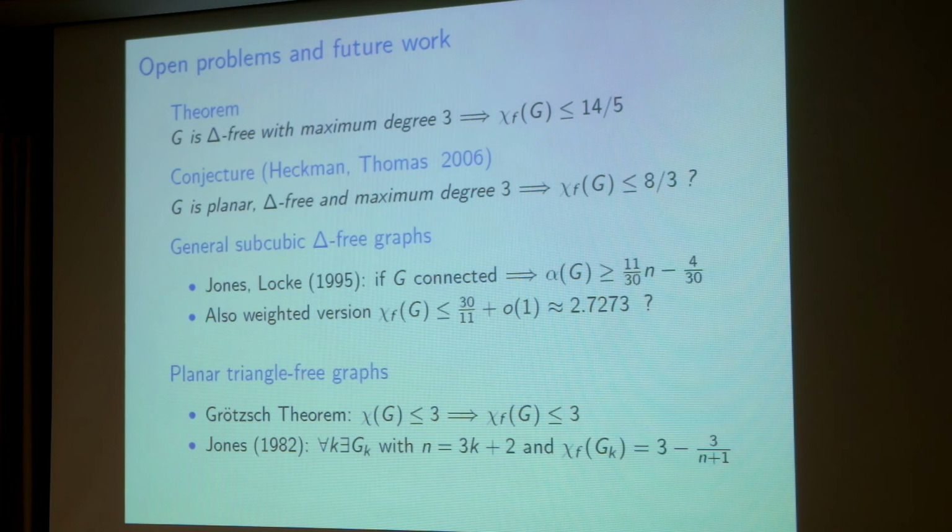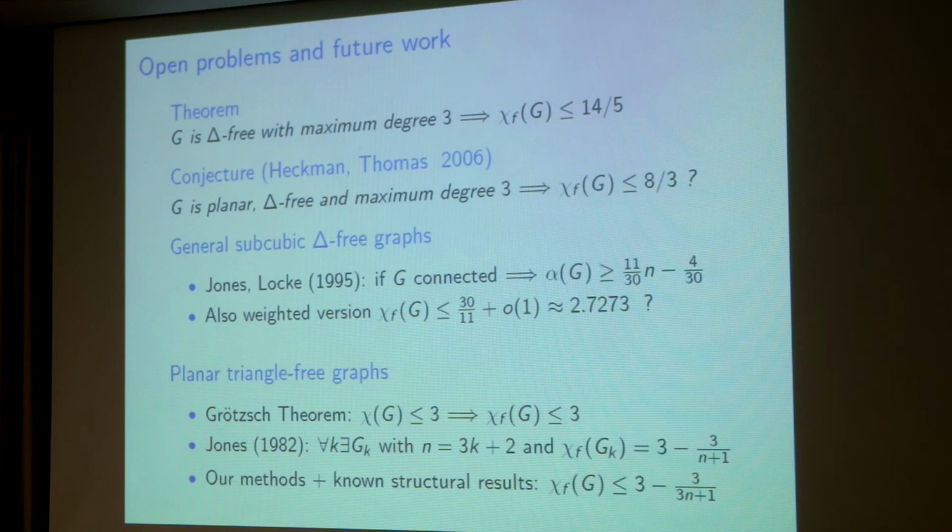And in fact, she didn't show it for the fractional chromatic number, she showed it for the independence number, so in the non-weighted case. So it rules out any possible theorem which would say a triangle-free planar graph has fractional chromatic number at most 2.99999. But still maybe you can say that if you have a finite planar triangle-free graph, its fractional chromatic number is strictly less than 3, by a factor that depends on G, maybe on the size of G, but it's strictly below 3.